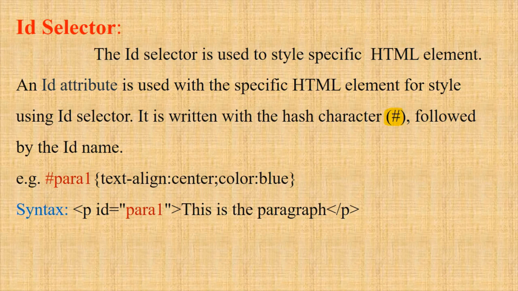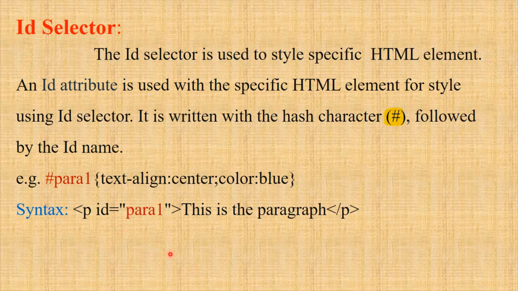Then you can see the syntax of this: paragraph tag P, id equal to para1, closing of paragraph tag, then this is a paragraph, end of paragraph tag P. So see what happens when the user runs this program.